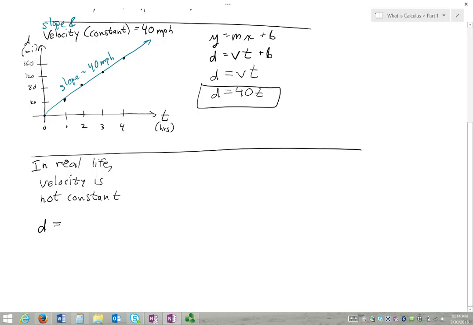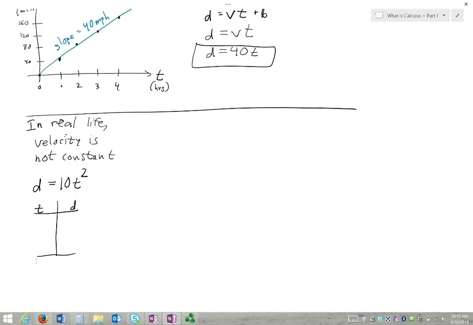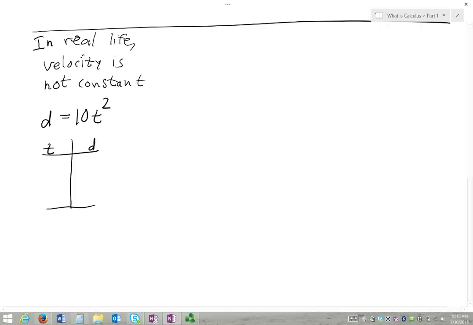Before we had d equals 40t, let's take this d equals 10t squared. So we're not going to have a constant velocity anymore. Let's do this over the same time period, right? 0 hours, 1 hour, 2 hours, 3, 4.